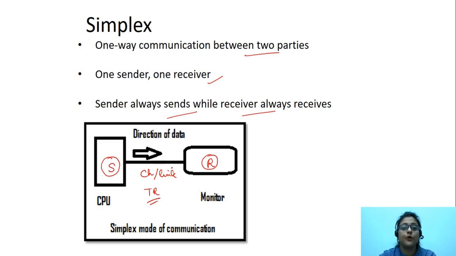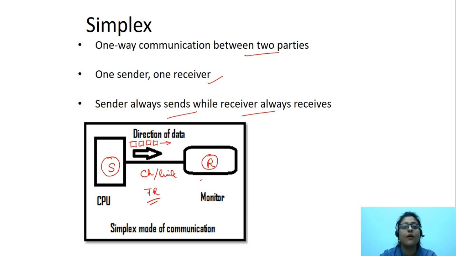But this data flow is unidirectional in nature. You can see here that this data, which may be in small sized packets consisting of a few bytes of information, can flow only in one direction from the sender to the receiver. So the sender always sends and the receiver always receives.